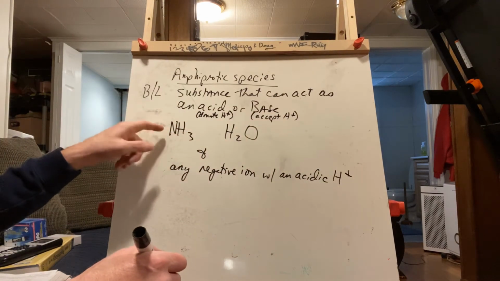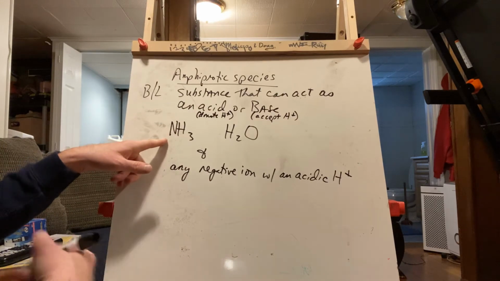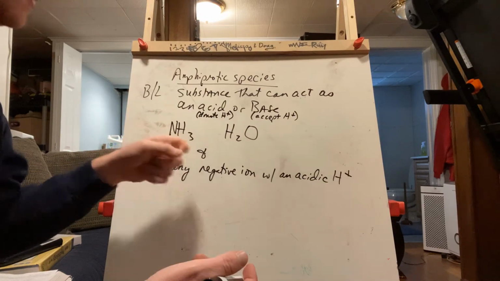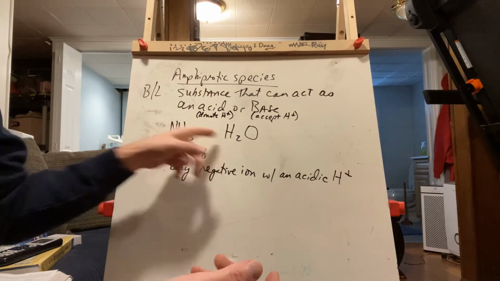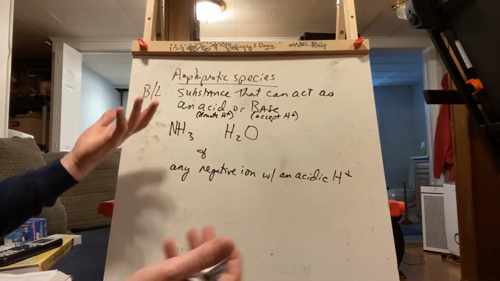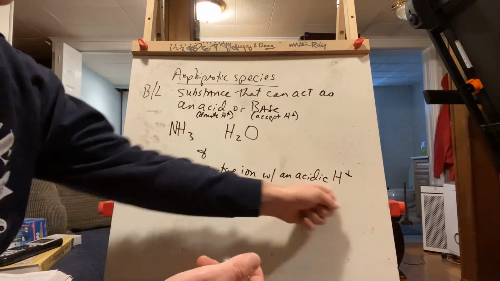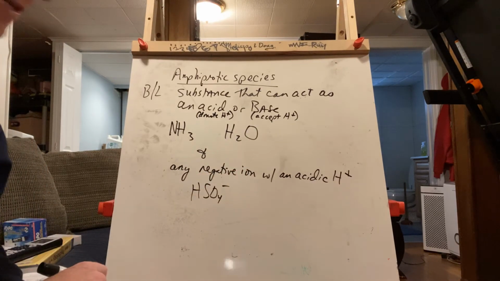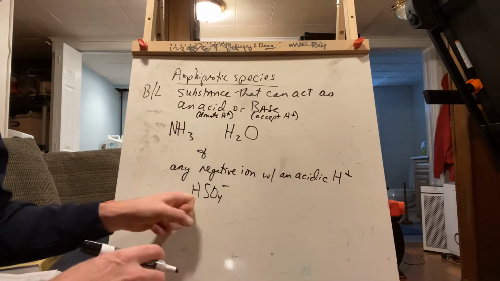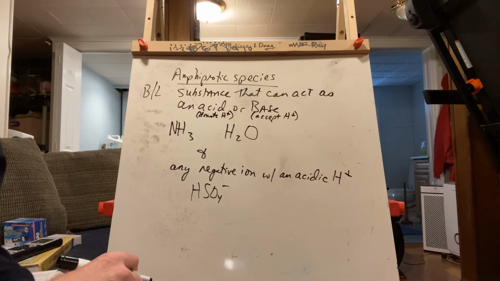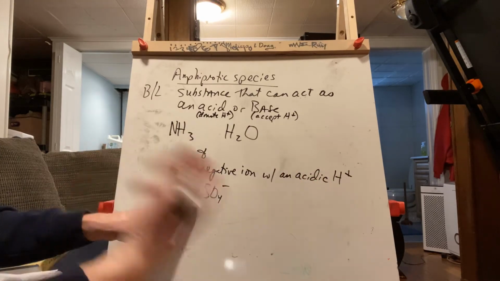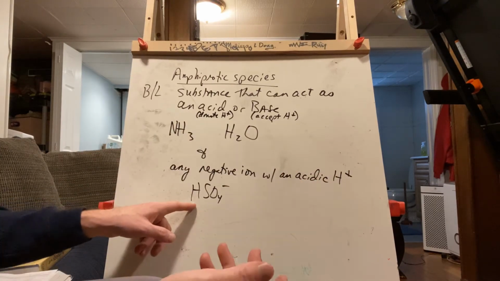NH3 is a classic one, H2O is a classic one. NH3 is normally thought of as a base and H2O as neutral, but depending on what it's reacting with, they can act as an acid or base. And then any negative ion with an acidic H+. So if I said HSO4-, is it possible for it to be amphiprotic? You would say yes, because it's a negative ion and it has an acidic proton.